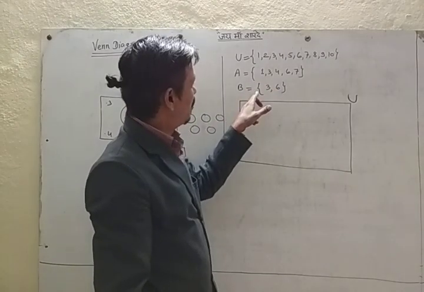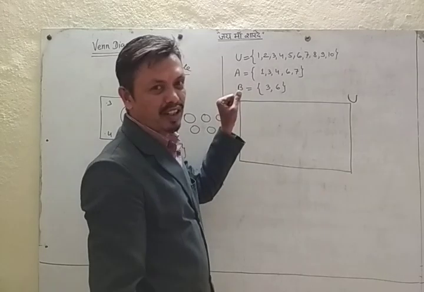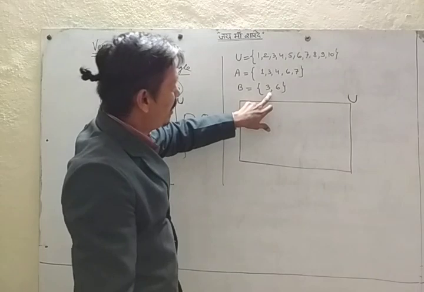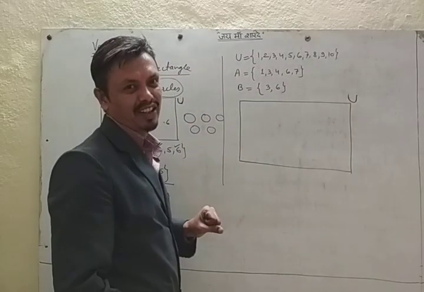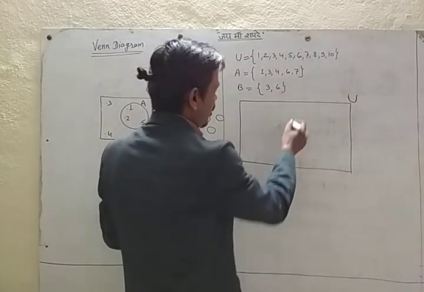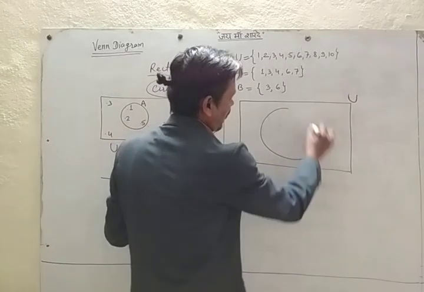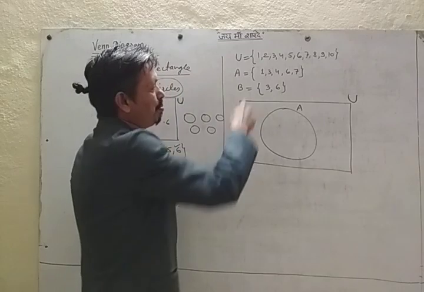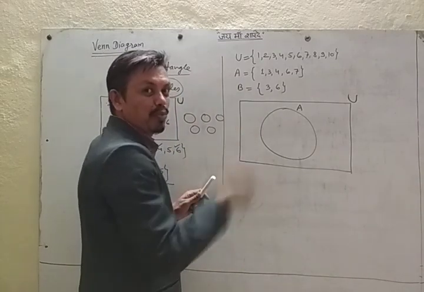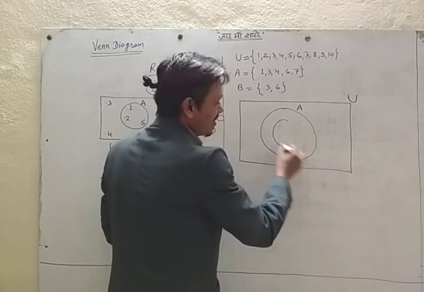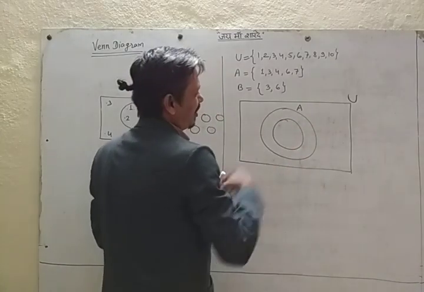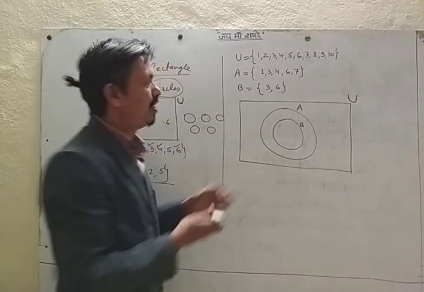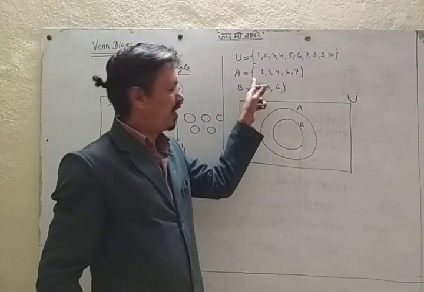It means B is a subset of A. These are the subsets of U only, but again B is a subset of A. So first we write A, and this is our set A, and B is a subset of A, so B will come inside this A. This is our set B.